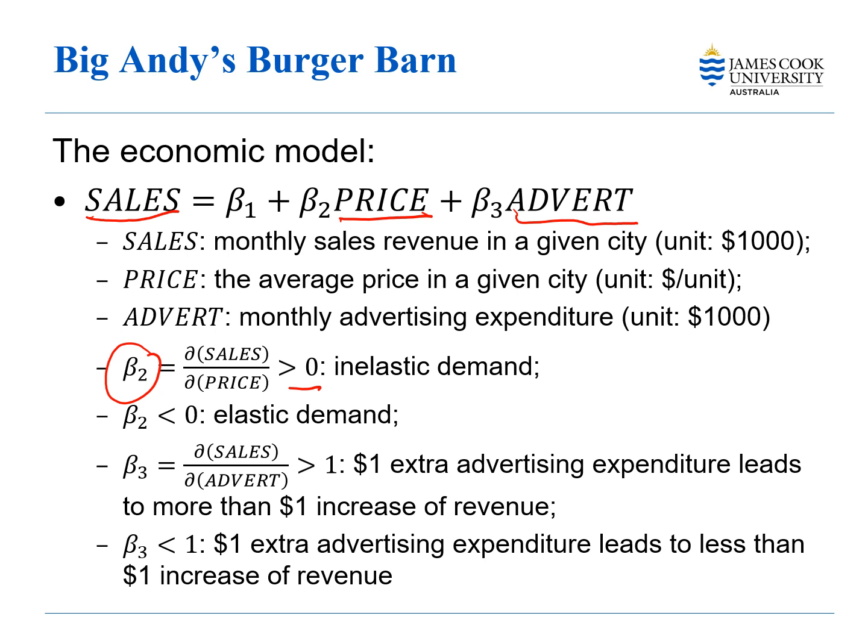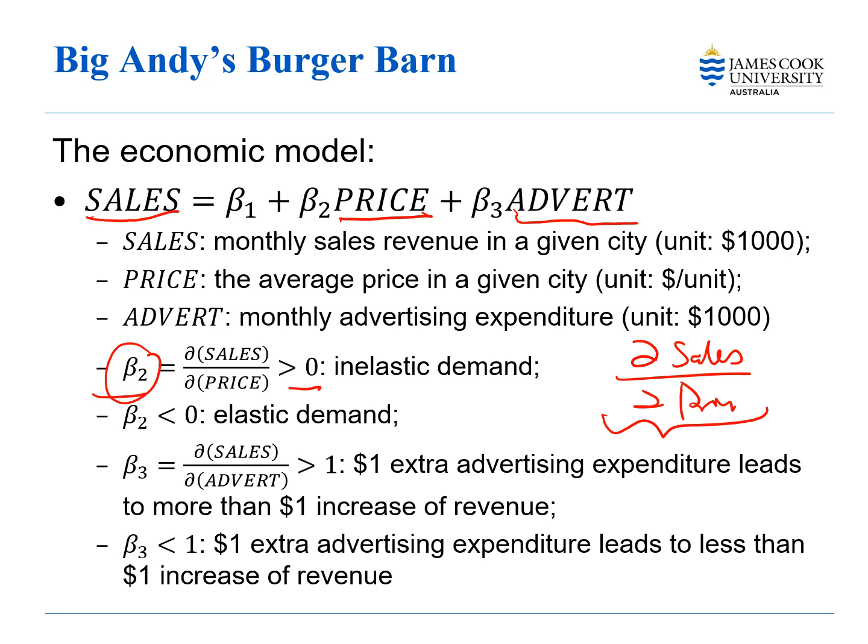What's beta 2? Beta 2 is the partial derivative of sales with respect to price. So now I'm using this curly notation, partial sales over partial price. This is a partial derivative, which means holding advertising spending constant.